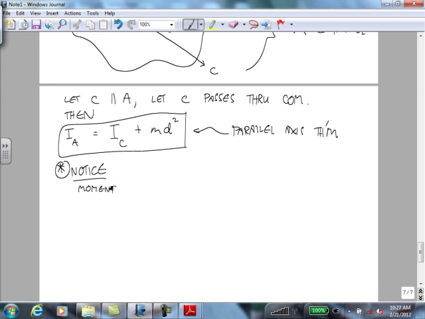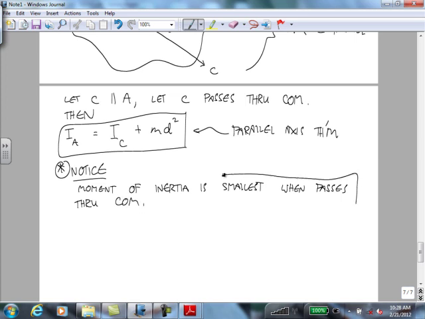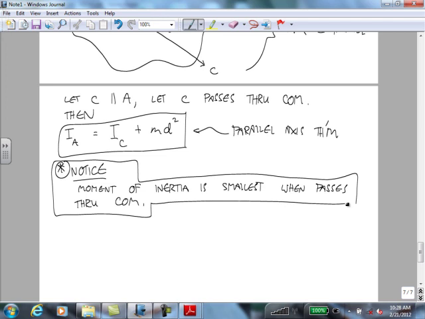This thing can't be negative because of the d squared. Any questions about that? Okay, so let's do an example problem.